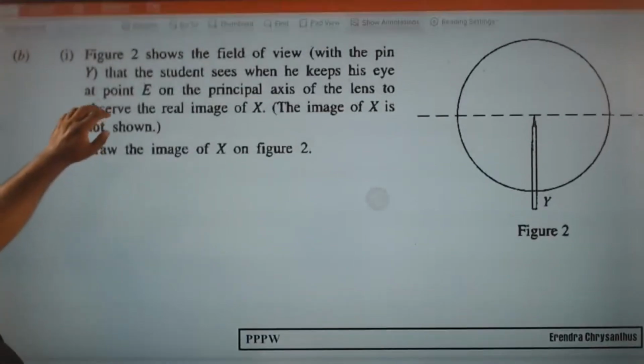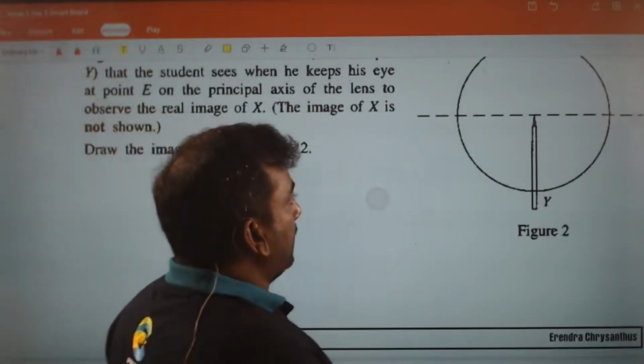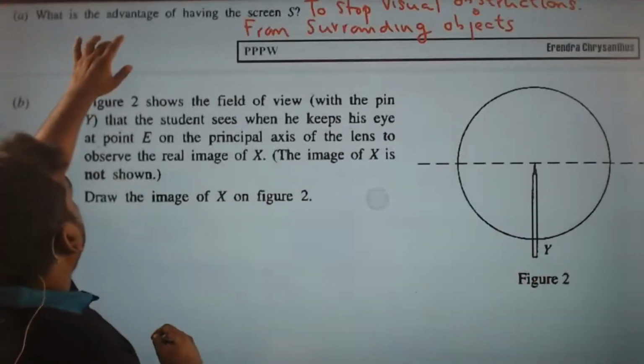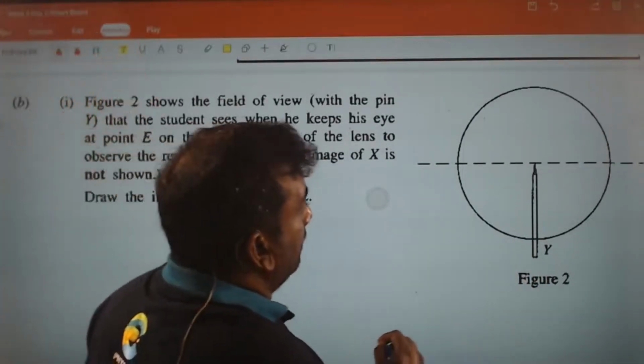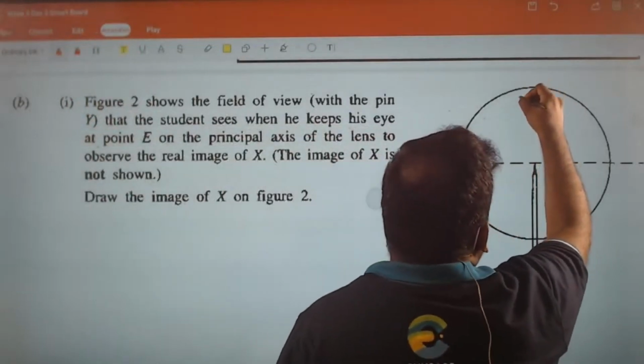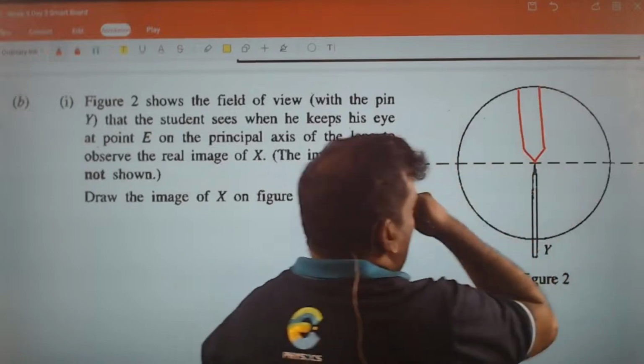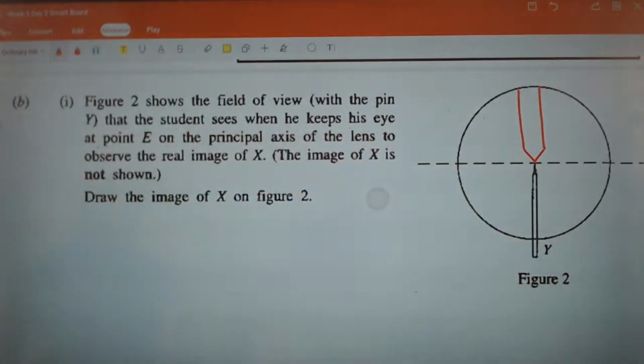So I'll move it a bit down to draw the real inverted magnified image. Draw the image of X in figure 2.